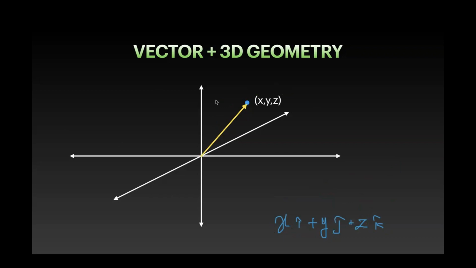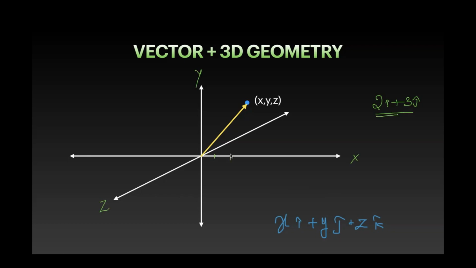Assume you have 2i cap plus 3j cap and you want to represent it. This is the x axis, this is y, and this is the z axis. Now you want to represent this vector 2i cap plus 3j cap. How do you do it?